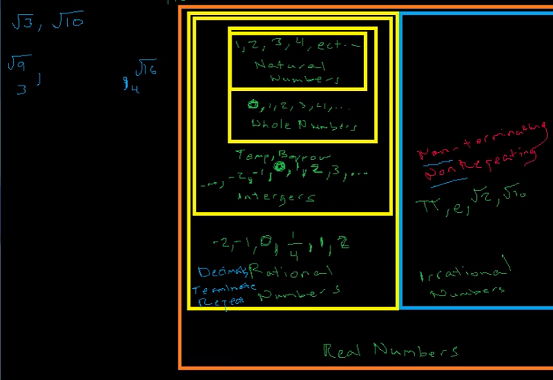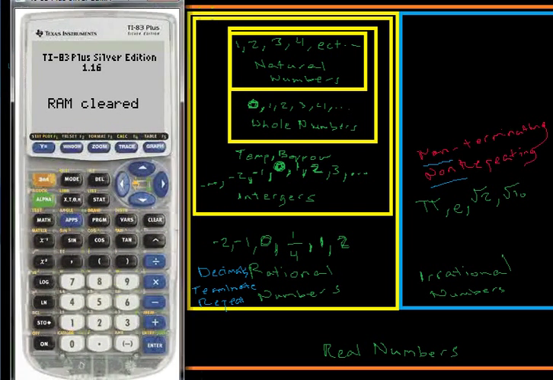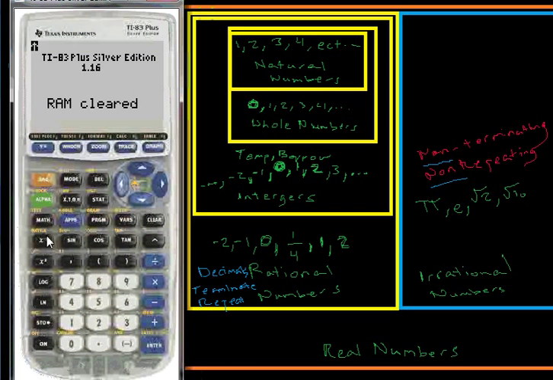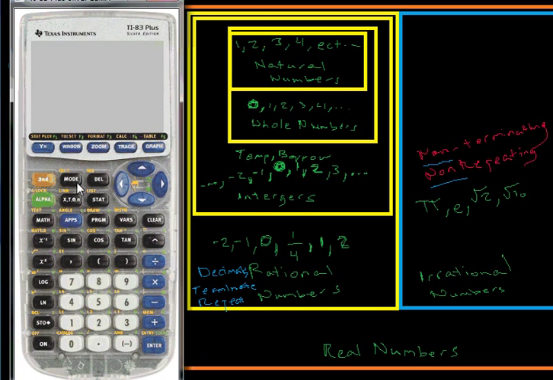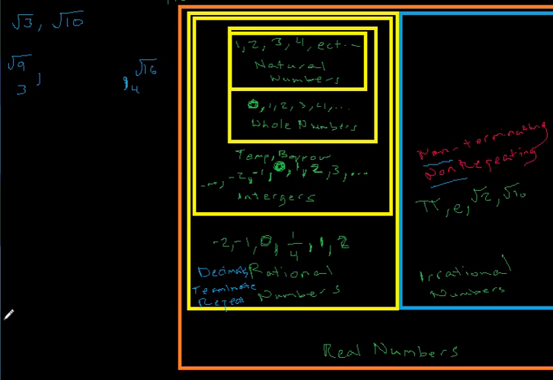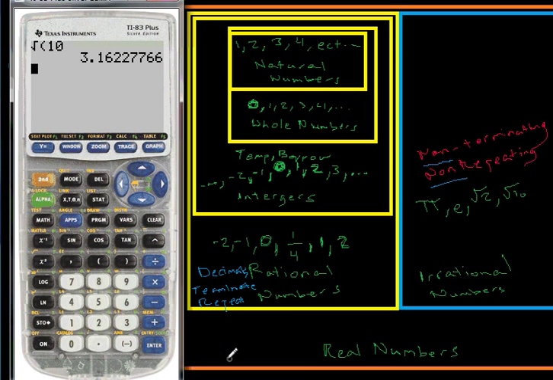Now, I don't know what the square root of 10 is off the top of my head, so I'll pull out my calculator just to prove that the square root of 10 equals 3.162277766.